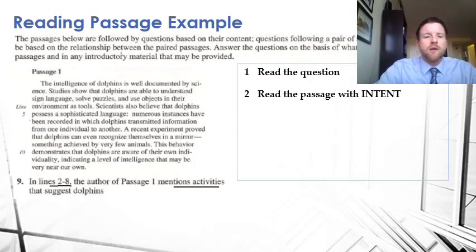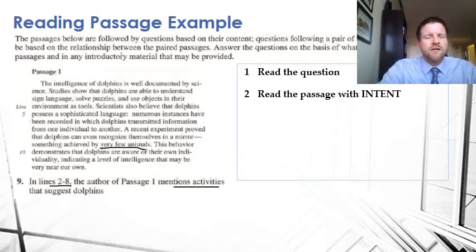A recent experiment proved that dolphins can even recognize themselves in a mirror, something achieved by very few animals. Let's read it all. This behavior demonstrates that dolphins are aware of their own individuality, indicating a level of intelligence that may be very near our own.